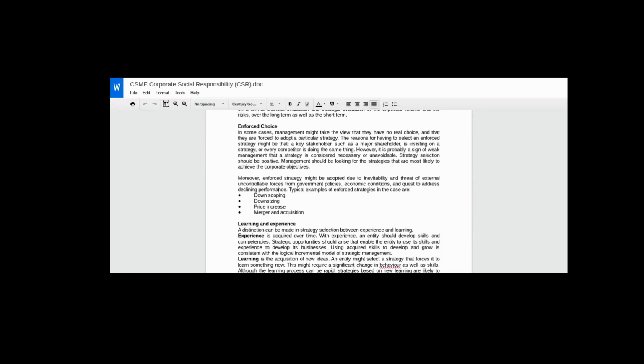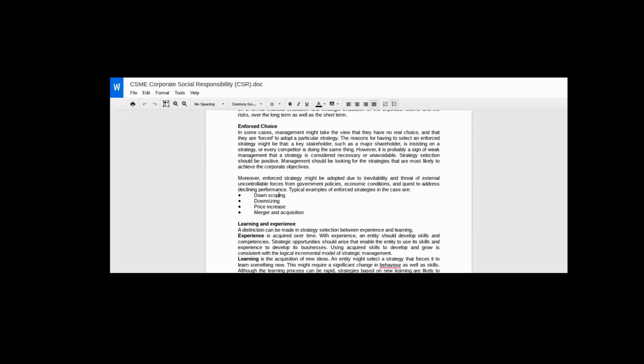Typical example of these cases are downscoping. So I put this example for you to know the implication of the enforced choice of strategy. Downscoping means the closure of some companies' branches, units, or outlets due to certain condition.